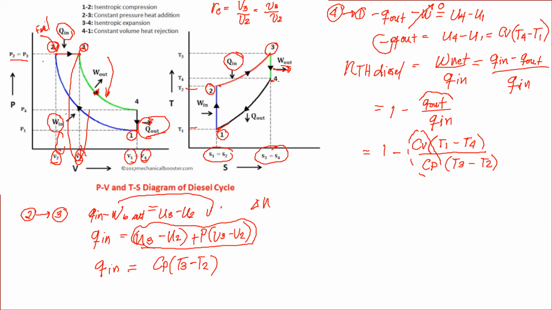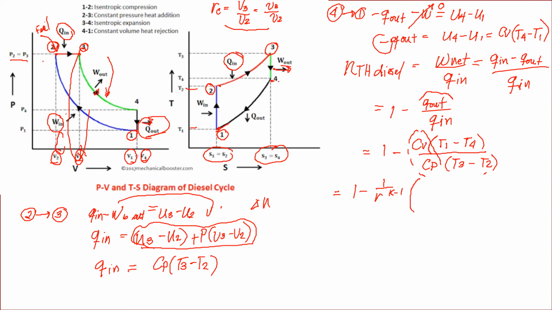So by this means we just substitute this one, and after a lot of derivations, which includes the rc and the compression ratio, we now have the final form of the thermal efficiency. So we have r to the k minus 1, the compression ratio.